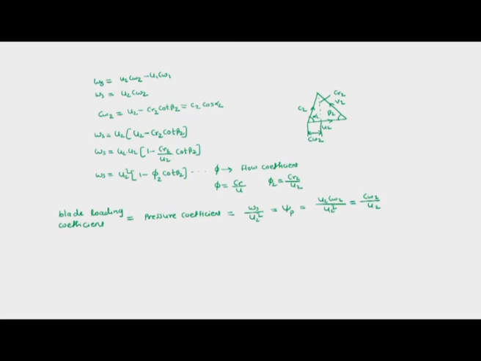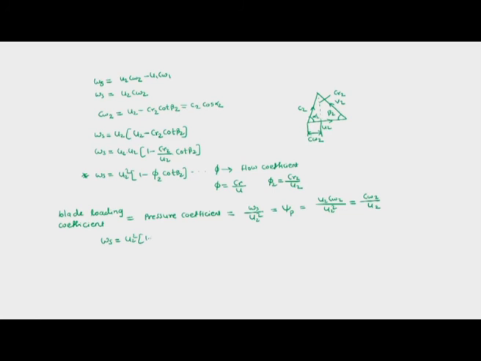So knowing this formula, we can write down the expression for Cw2 upon U2, which can also be written as 1 minus, as we can see over here.